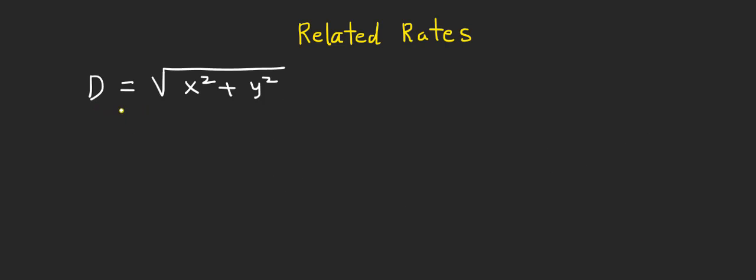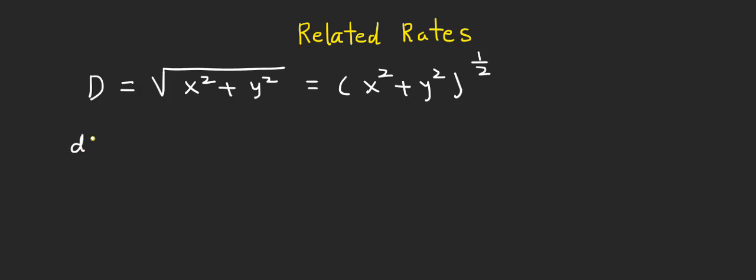Let's say you have d equals the square root of x squared plus y squared. By the way, this is the distance formula from the origin to a point. How would you find the rate of change of d with respect to time? In order to find the derivative, let's rewrite this as the quantity x squared plus y squared to the 1/2. Now let's find the derivative of d with respect to time.